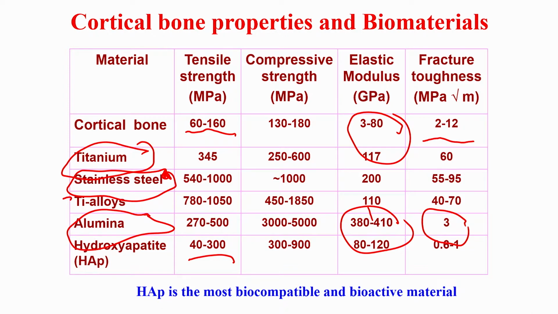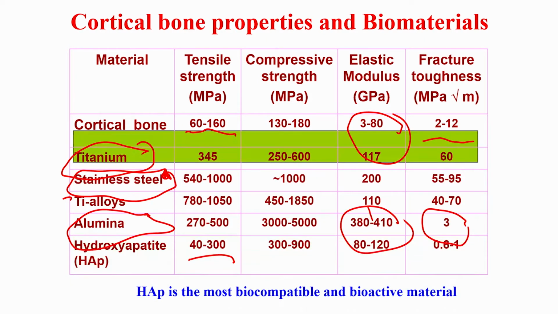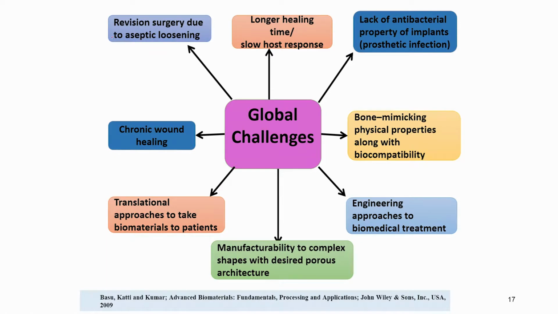If the elastic modulus difference is quite high, then it causes aseptic loosening at the biomechanical load bearing joints. Okay. After many orthopedic surgeries for a knee or hip joint, patients often have to undergo revision surgery, and that is important.